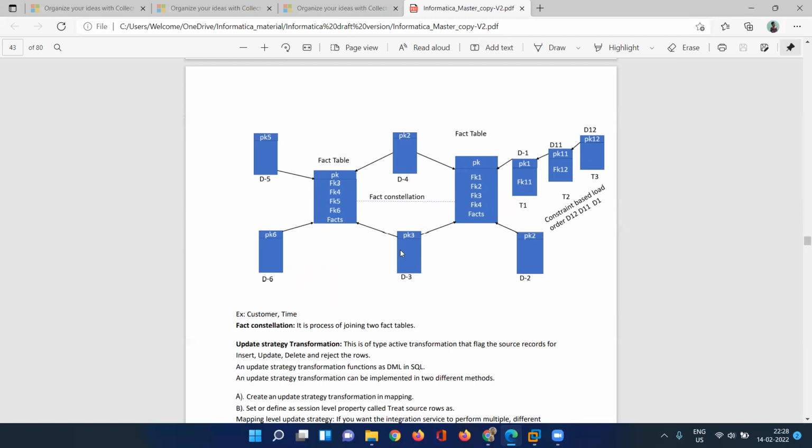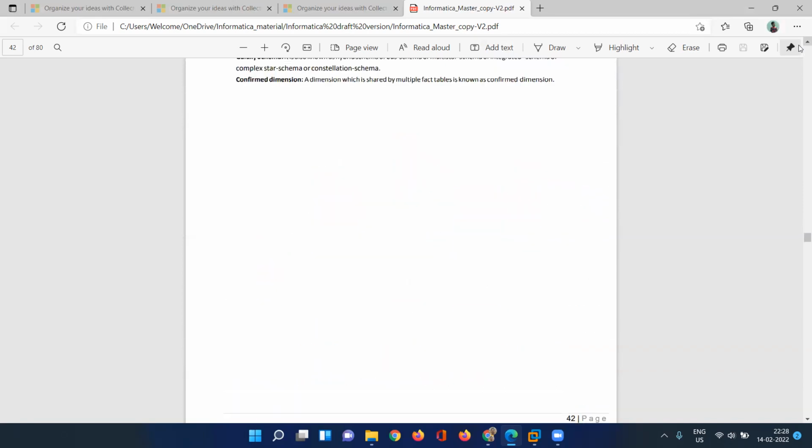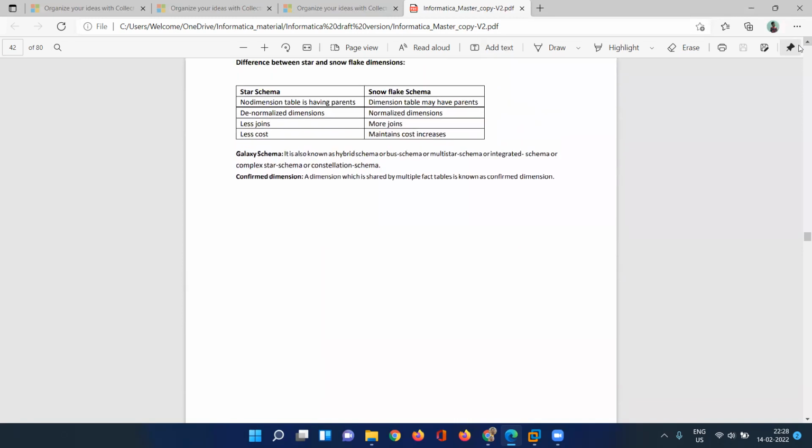The combination of star schema and snowflake schema is called the hybrid schema or bus schema. Multiple names are available: integrated schema, complex star schema, or constellation schema. Multiple names are given to this particular hybrid schema.